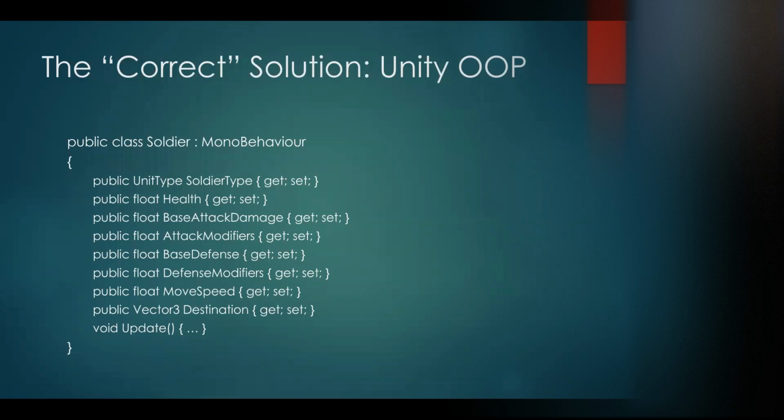And then we need to roll some stats, right? We need to know the soldier's health, so we know when it's dead, we know if it's damaged. You can have base attack, base defense. You can also have attack and defense modifiers too. If we have something like AoE magic or anything that can boost the soldier stat, we put it in there too.